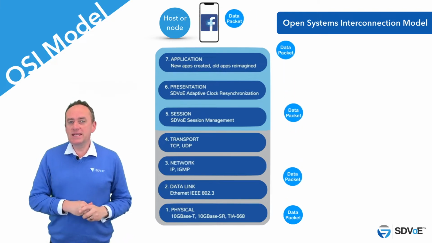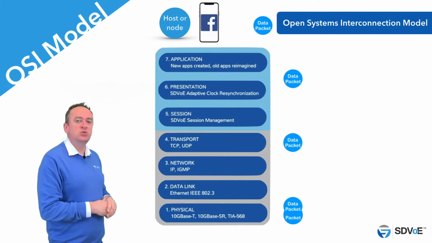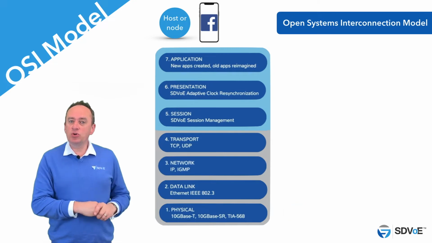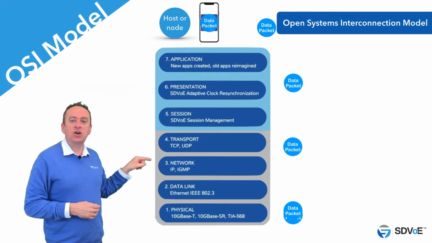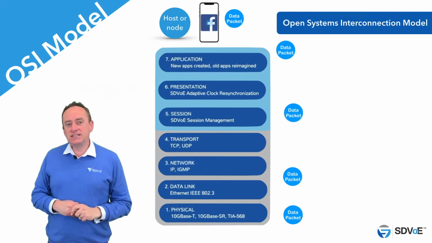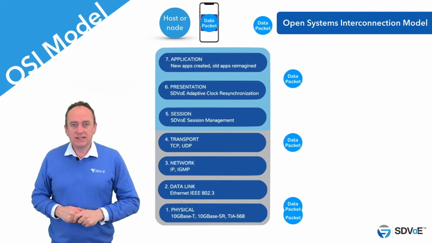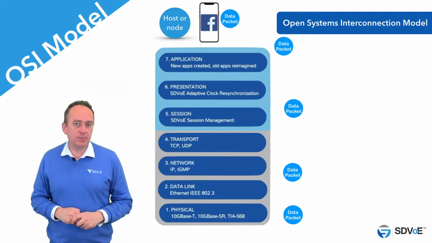On its own, these packets of data are only of use to Facebook. But in order to get these packets to the destination, each layer of the OSI model in your phone needs to add certain rules to get the data packet to where it needs to be.